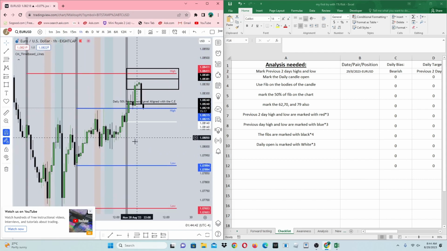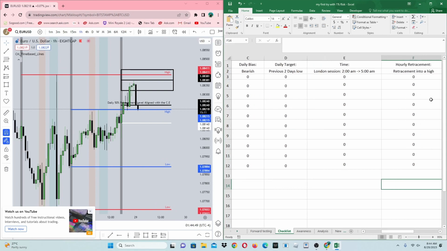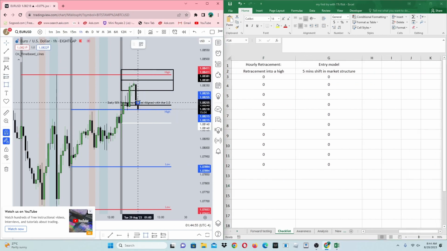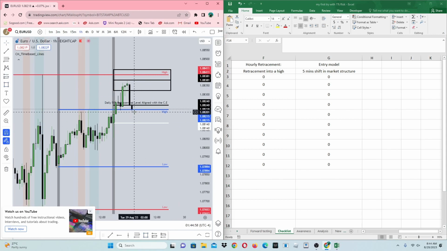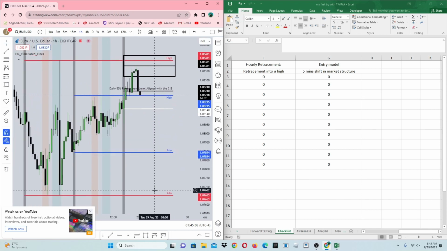So now everything is marked. I need to just wait for a shift in market structure, and recently, as you can see, there's a fair value gap formation. So we might at 2 a.m. retrace into this fair value gap and then see a shift in market structure to the downside. My targets are these lows right there.